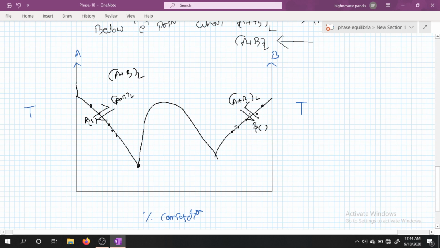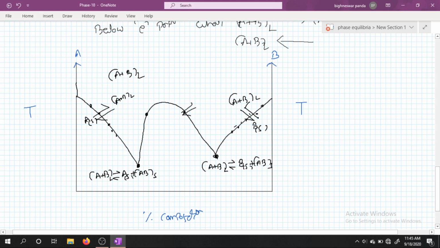At this point, this is our triple point, which represents A solid plus AB solid in equilibrium with A plus B. This triple point represents equilibrium between A plus B liquid, which is in equilibrium with B solid. So consider this point.